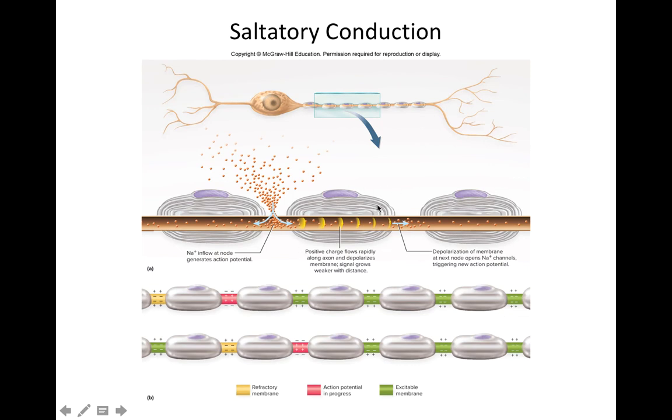We're able to basically flip from one node to the next, and that's like taking your really big steps to get you across your room. And so that's why our big motor neurons and our sensory neurons that are bringing information in are myelinated, because we need the fastest possible conduction there.